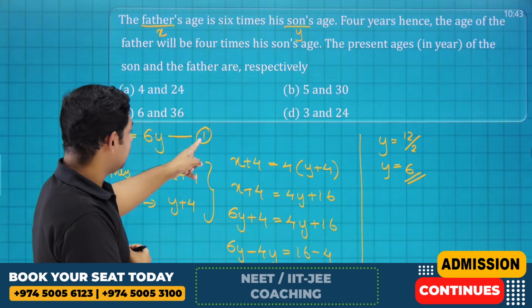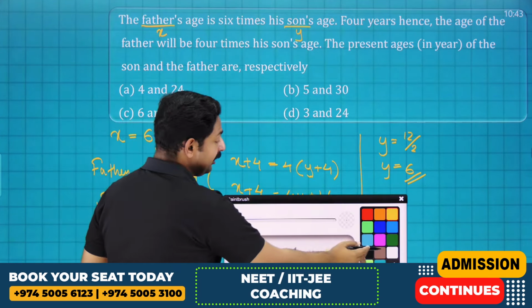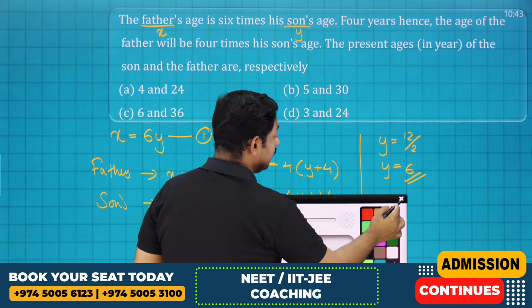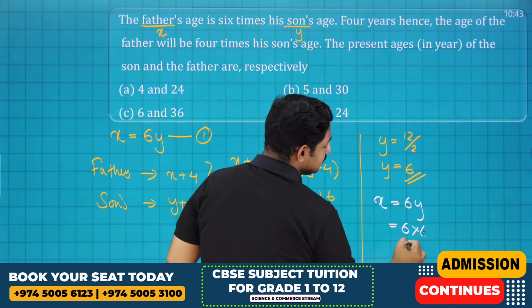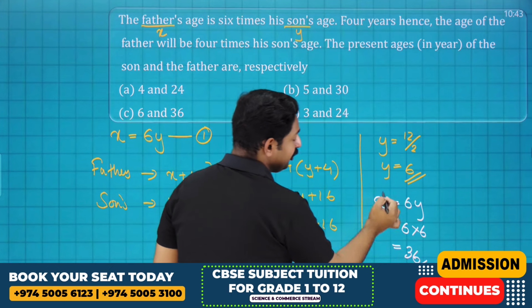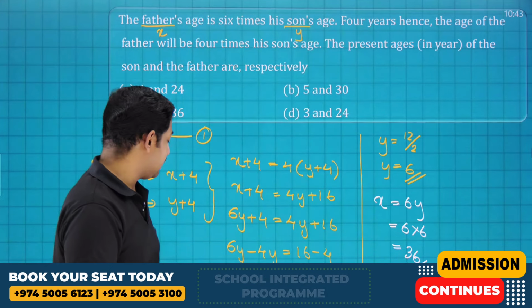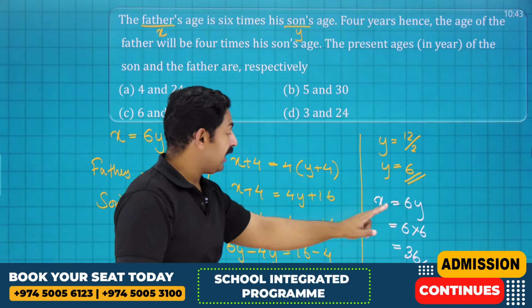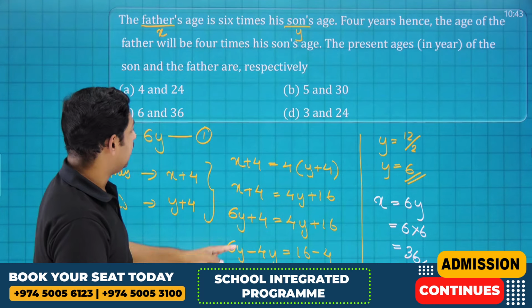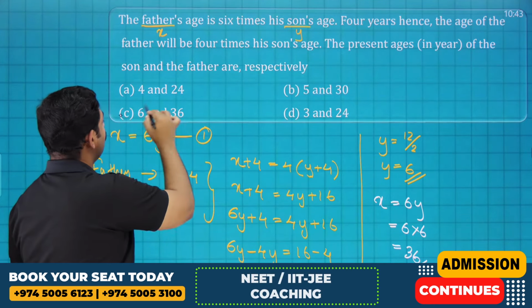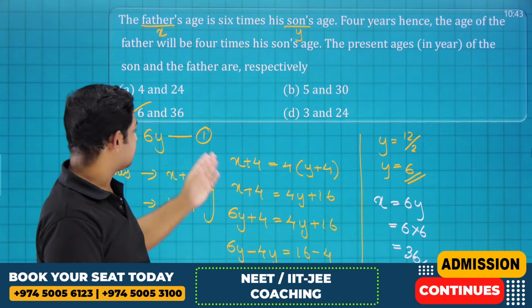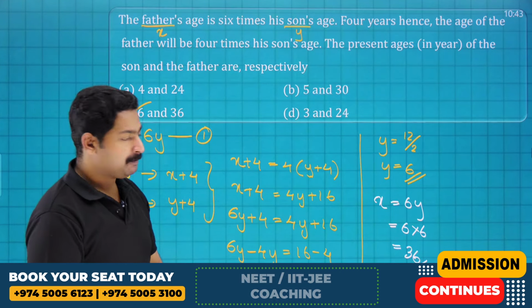Okay, now if you put the value of y in equation number 1, you will be getting x is equal to 6y, which is equal to 6 into 6, 36. So value of x is 36, value of y is 6, which means the age of father is 36 and age of son is 6. So which is the correct option? Option C is the correct answer, 6 and 36. Okay, that's it.